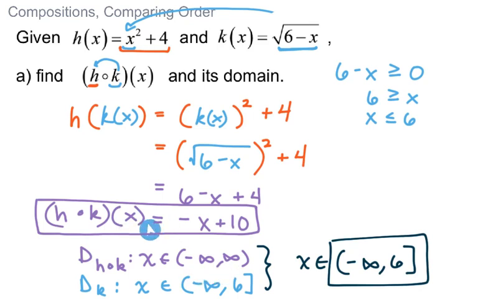So if we had just looked at the answer here, we would not have gotten the correct domain. We would have been inclined to say all real numbers. But when we think about what existed in the function before we applied that simplification, then we recognize that we could actually only use values of x that are equal to 6 or less than.